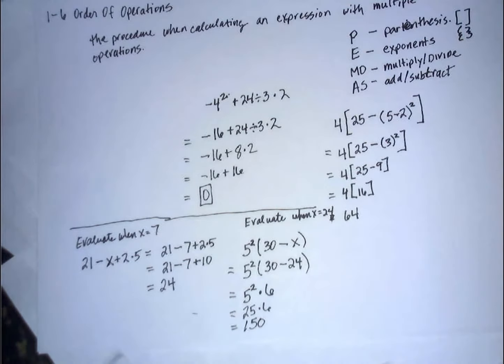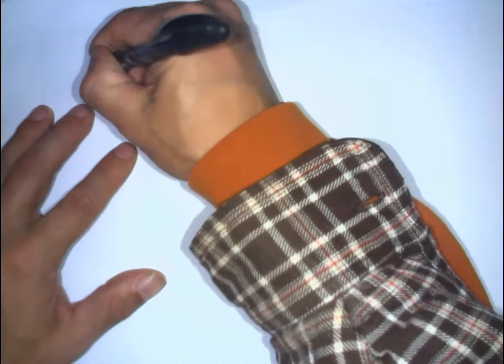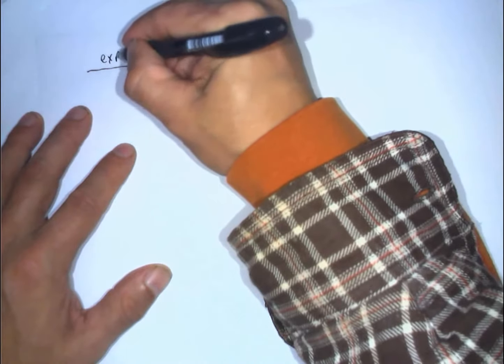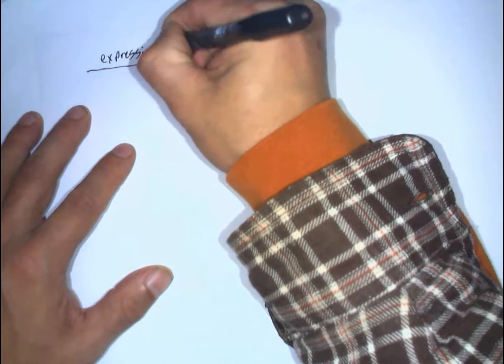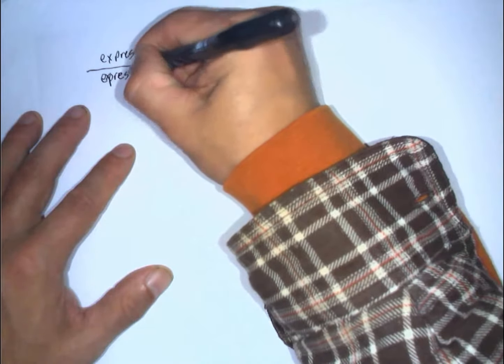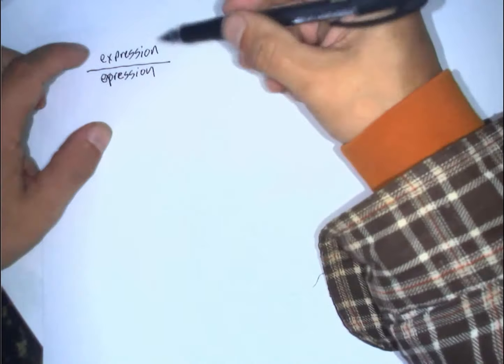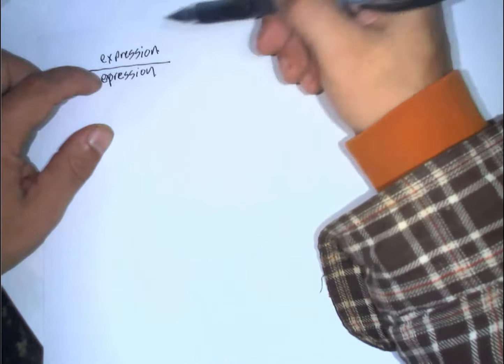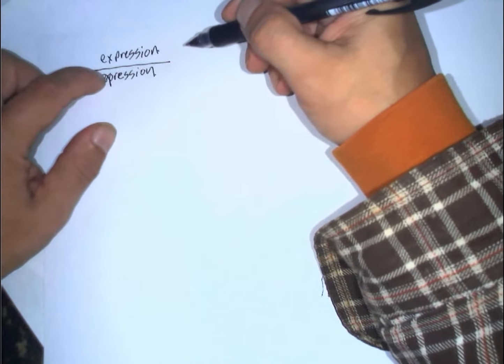Okay, sometimes there's a special grouping symbol that comes up in the form of a fraction bar. And it's actually 2 grouping symbols. So if you see something like this, and you have expression divided by expression, we're going to calculate out each expression first, and then the last step would be to divide the two.